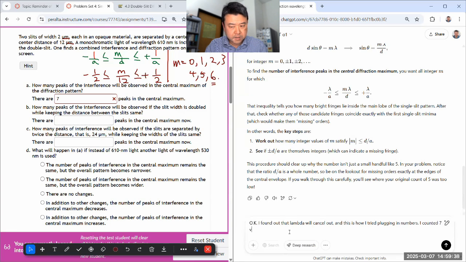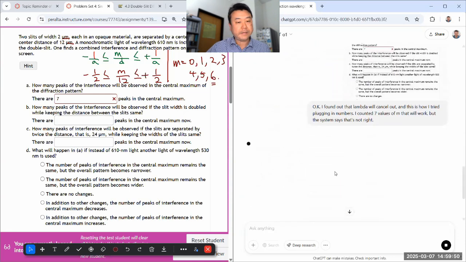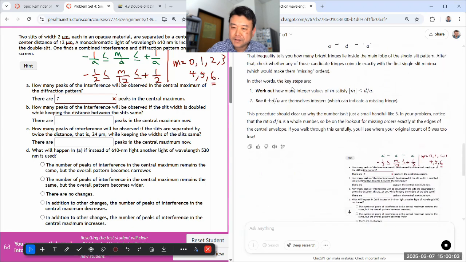I counted the 7 values of m that will work, but the system says that's not right. What did I do wrong? I wonder if it'll correct both mistakes, or correct the plus minus one first, because that one is really me not following what it's already said before.